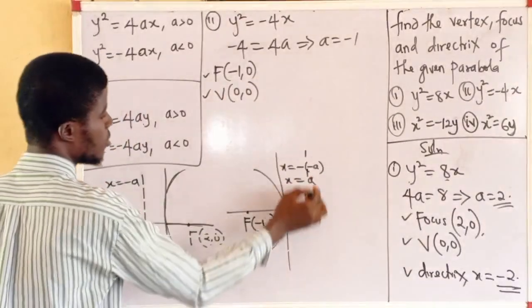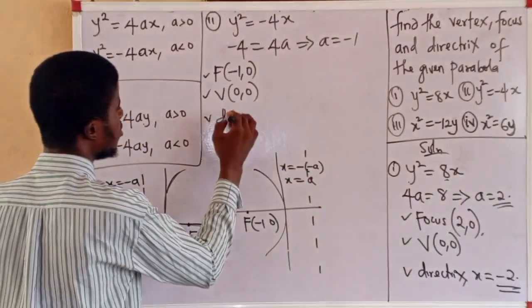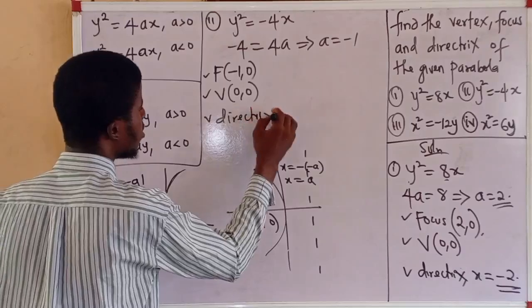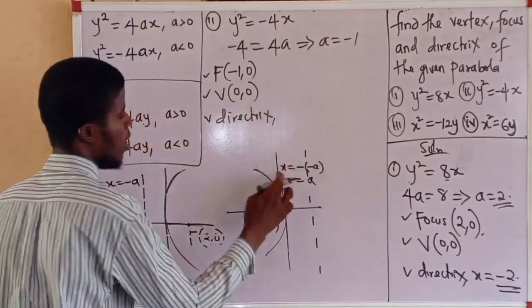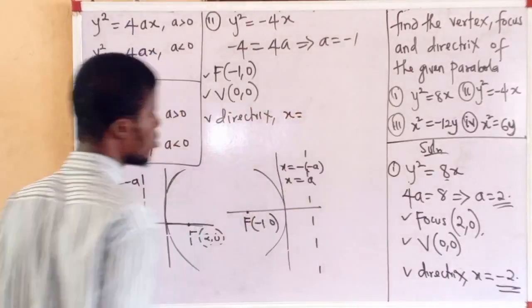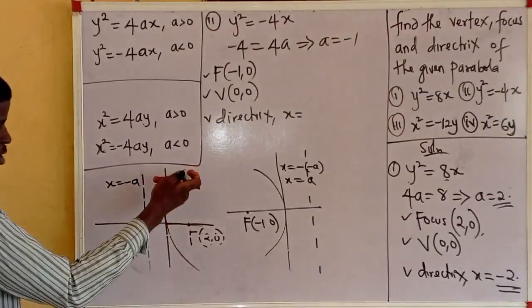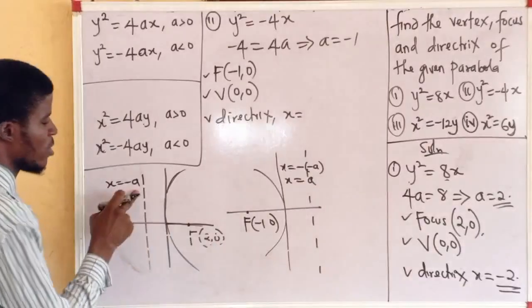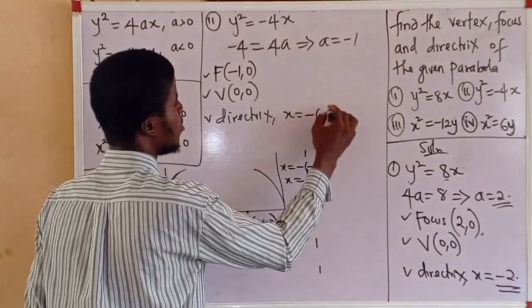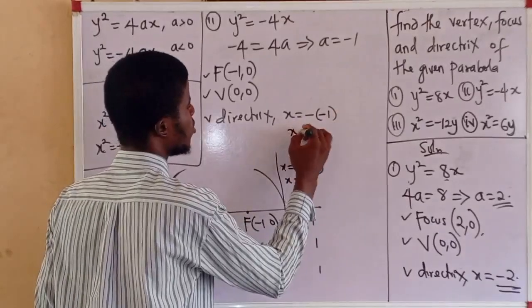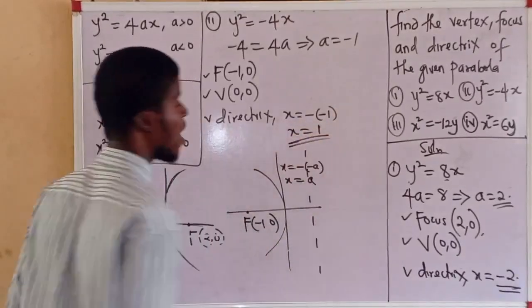The directrix has the equation x equal to, I told you the standard form is x equal to minus a. But since a is minus 1, we'll be having minus of minus 1. That means x is equal to 1. This is the equation of the directrix.